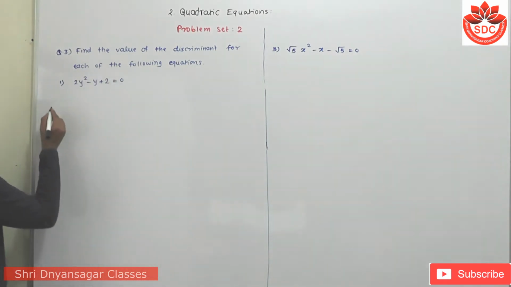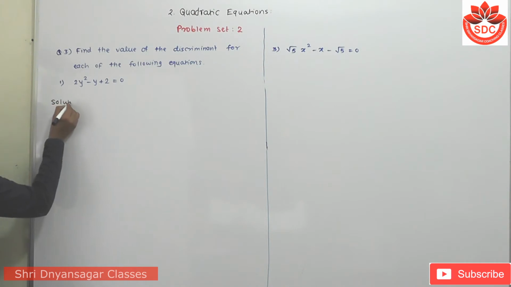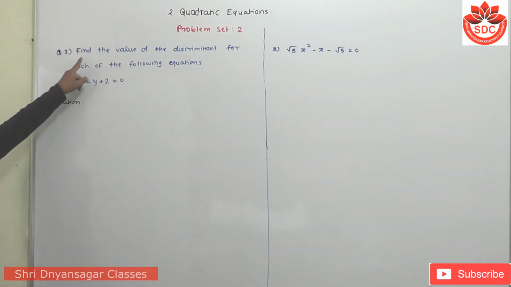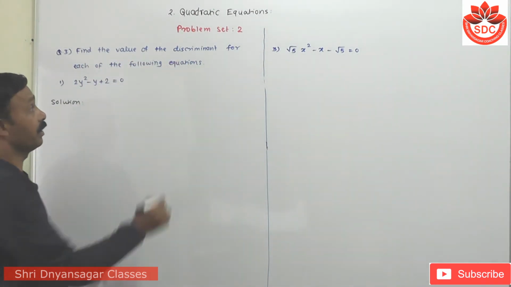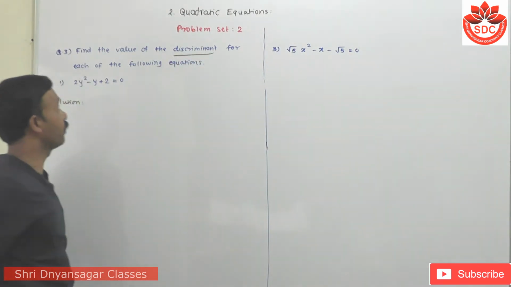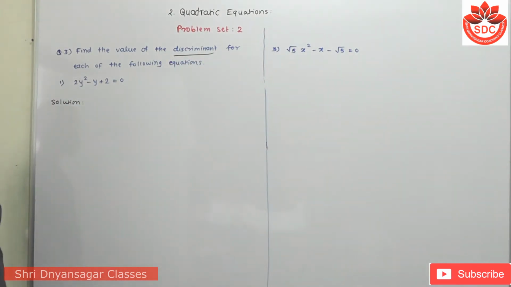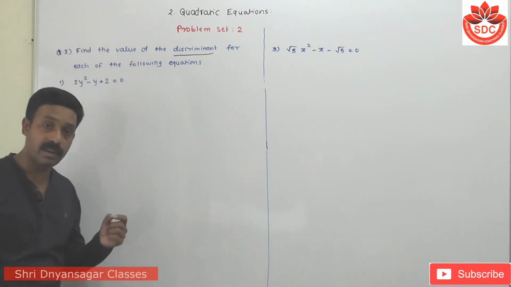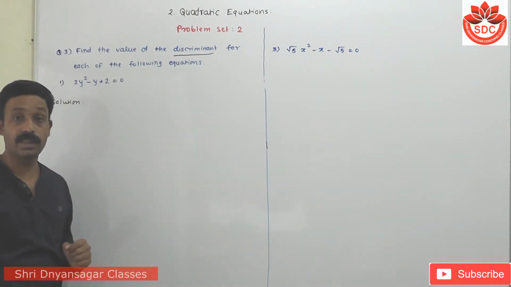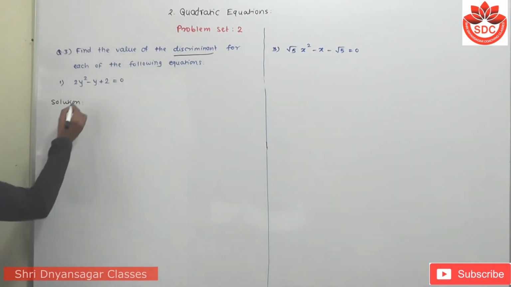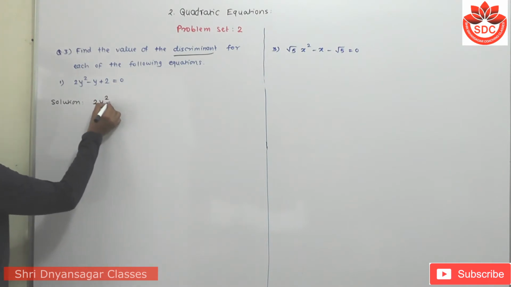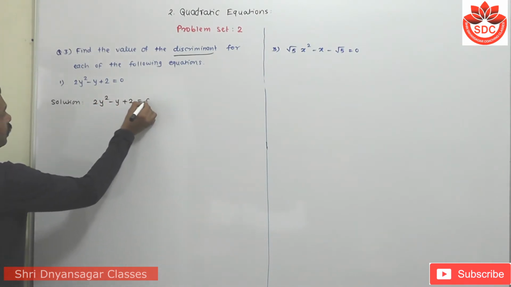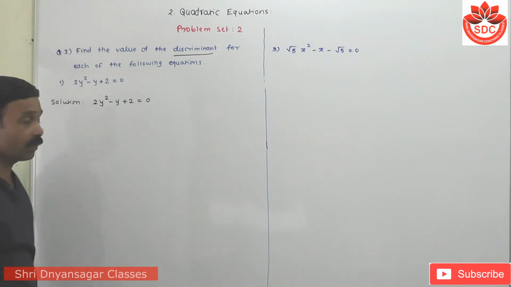Now, the first one's solution. The question is to find the value of the discriminant for each of the following equations. That means you have to find the value of delta, where delta is equal to b square minus 4ac. Now the equation is 2y square minus y plus 2 is equal to 0. This is the standard form of the quadratic equation.